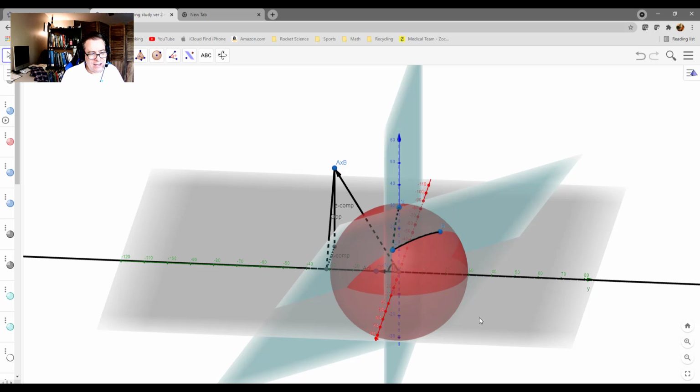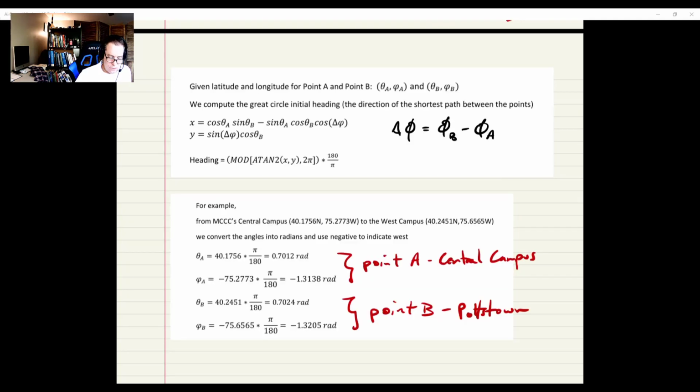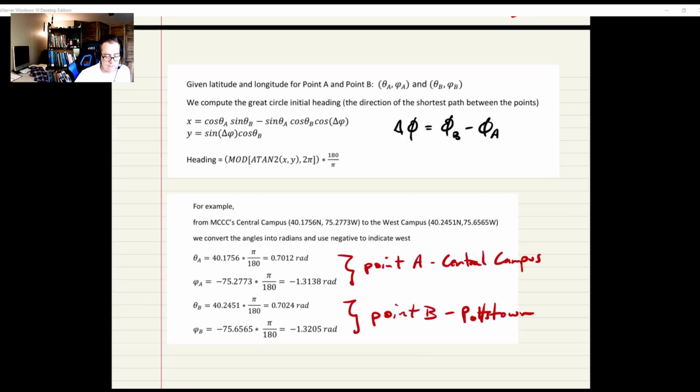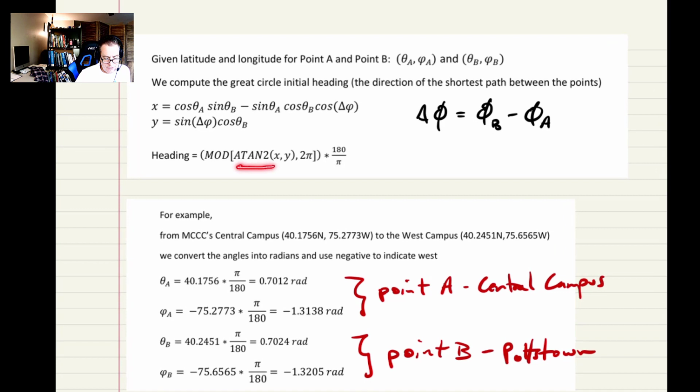I just wanted to give a little sense of what it was about. So that's what that work is right there in finding these values x and y. Now once you have those values of x and y, what this does right here, this is called the two-argument arctangent, and it basically gets an angle based on those x and y values.